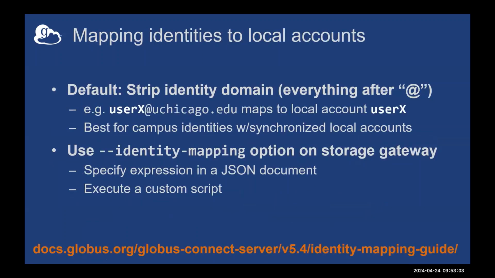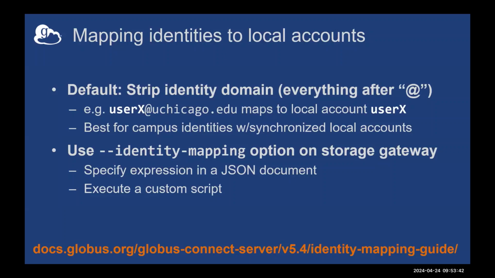And as far as mapping identities to local accounts, the default method that we use is the incoming identity, which looks like user X at whatever identity domain. Generally, that's not an email. No, this is not an email. That's an identity. It may look like an email, and the email may be the same as it, but conceptually, this is an identity. So for that user, by default, when mapping to a local account, we just strip the domain. So user X at UChicago becomes user X locally.